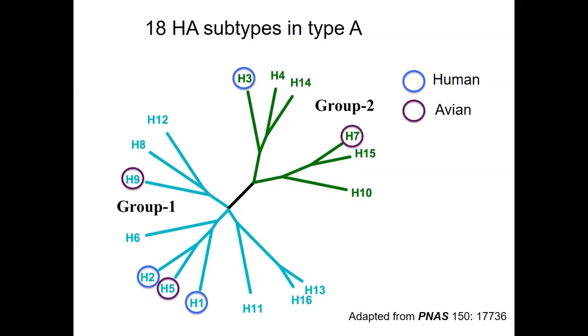If you look at avian viruses that have crossed over to humans more recently, H5, H7, and H9 also represent the two groups. Other viruses have been reported occasionally from birds to humans, like H6 and H10, but the ones that have caused outbreaks are H5, 7, and 9. And then, of course, there's pig viruses.